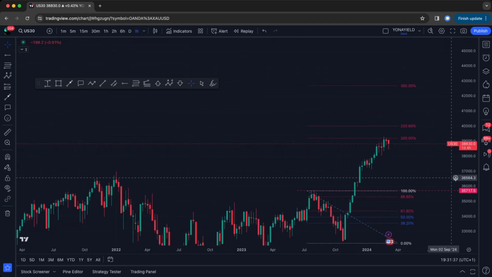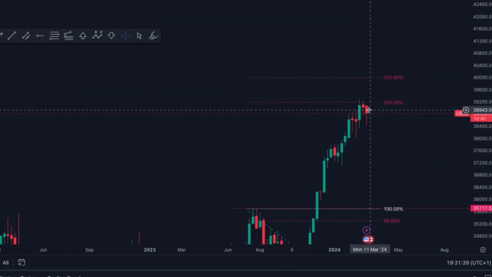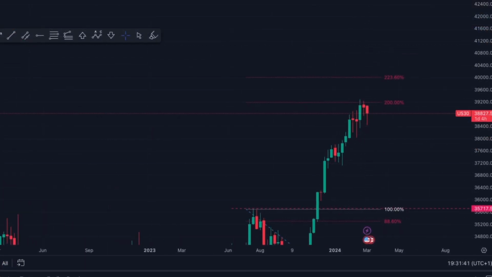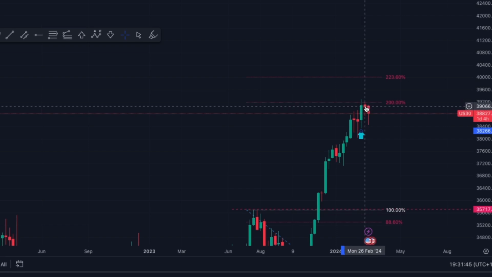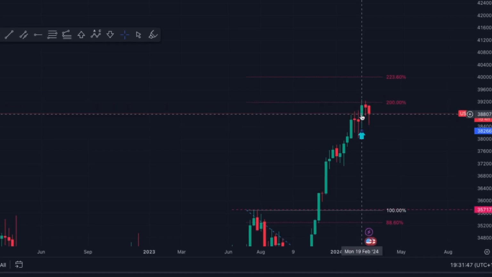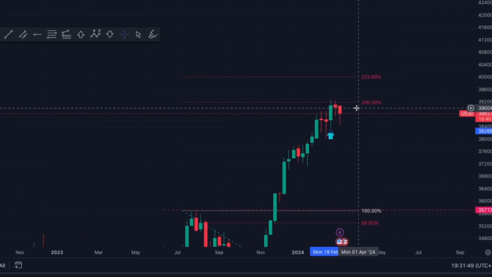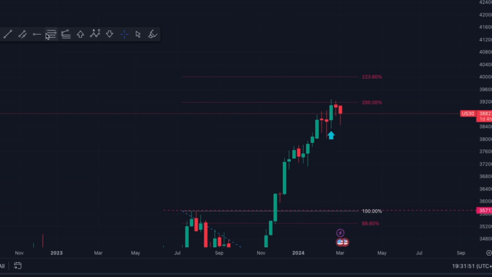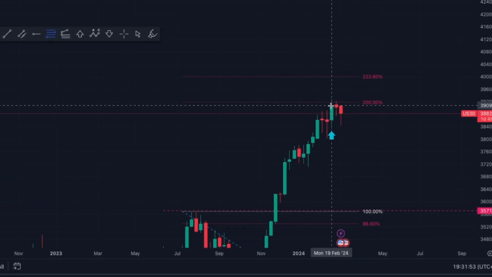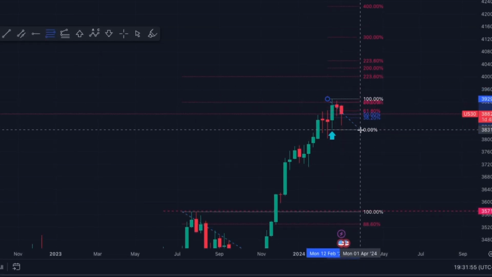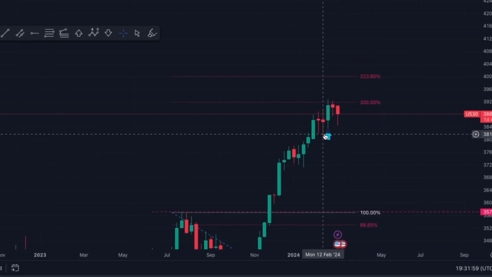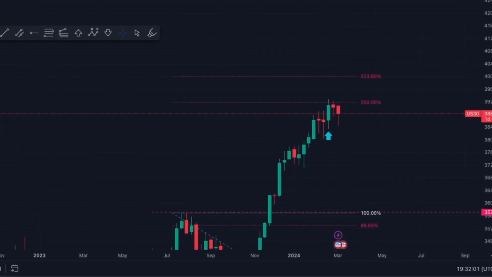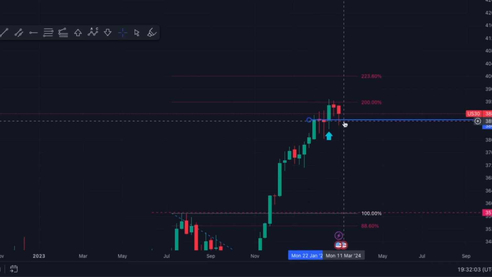So yeah, here on the weekly we can also see a nice correction inside this inside candle, right? So these are inside candles, and this is the momentum candle right here. So it should just correct, and then maybe next week or the week after that again some green momentum, and we should come up here to 40k, as long as this weekly doesn't break this support right here, as you can see.